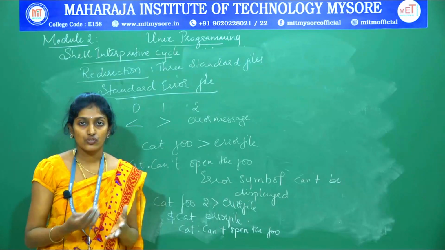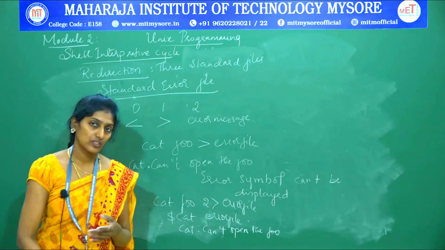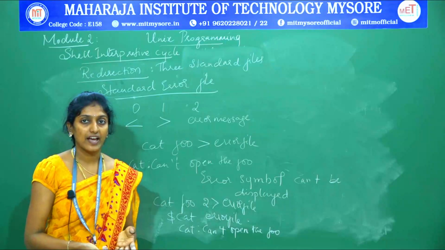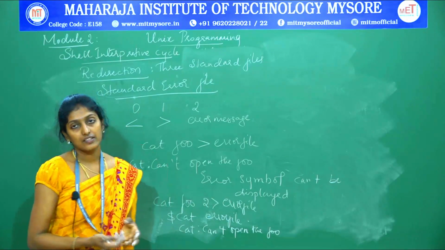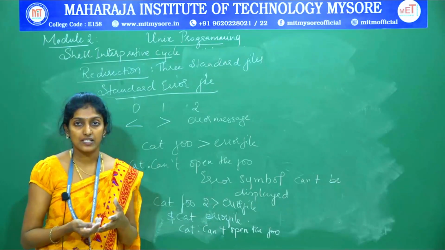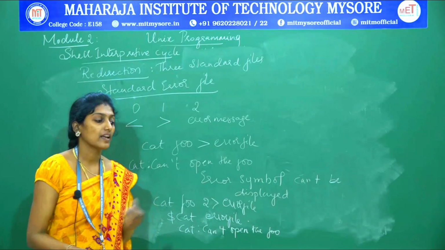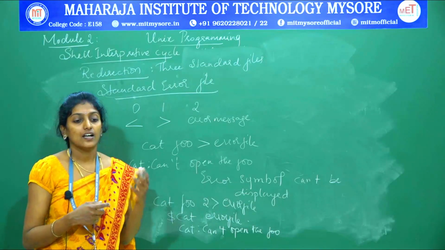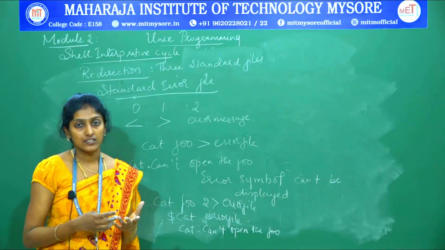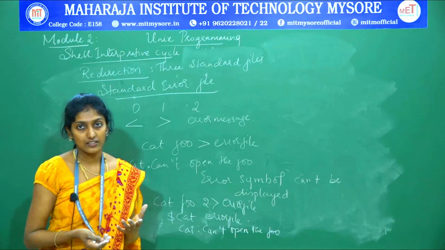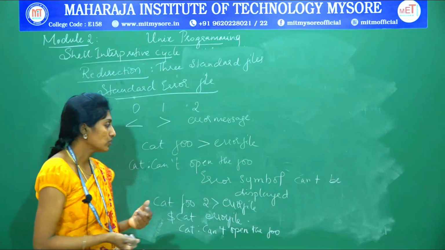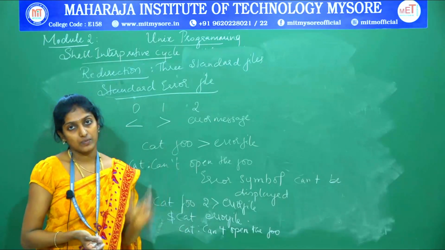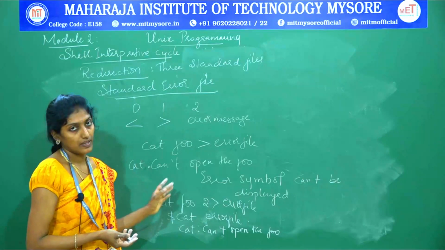Output is used for displaying output, which is connected to the display screen or the terminal itself. The error file is used for displaying error messages, which is again connected to the display. For all three files, a file descriptor is associated, and using that file descriptor number you access the messages.